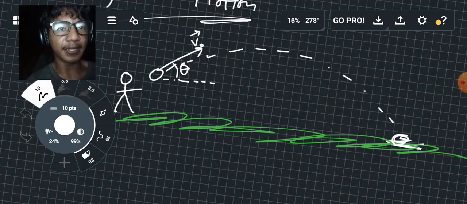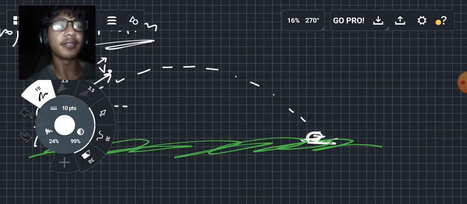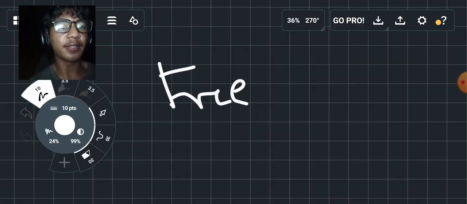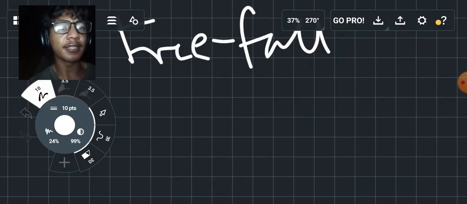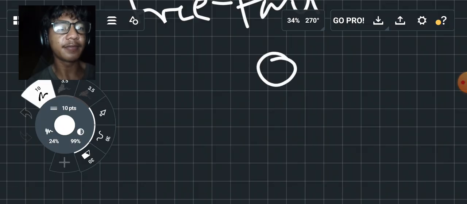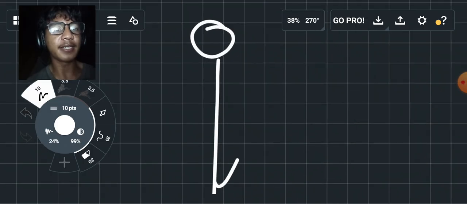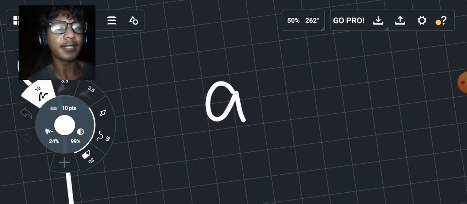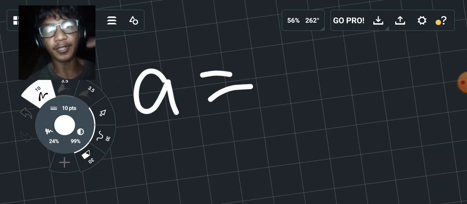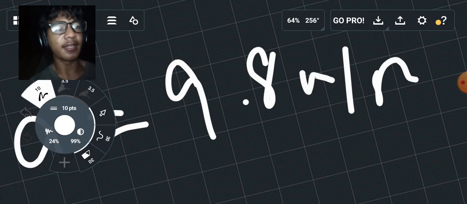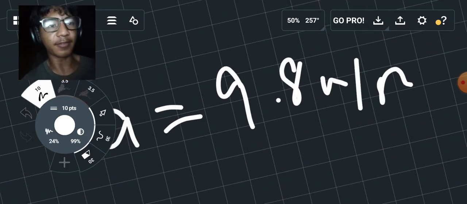But the thing is, unlike free fall, which just relies on one direction, the y direction, and the acceleration here is the force of gravity, which is 9.8 meters per second squared, and commonly we use the negative.